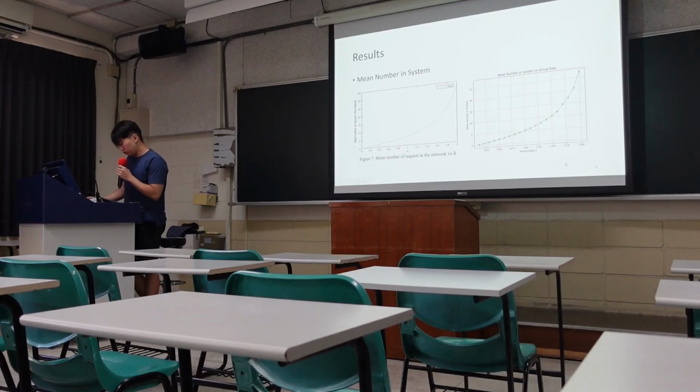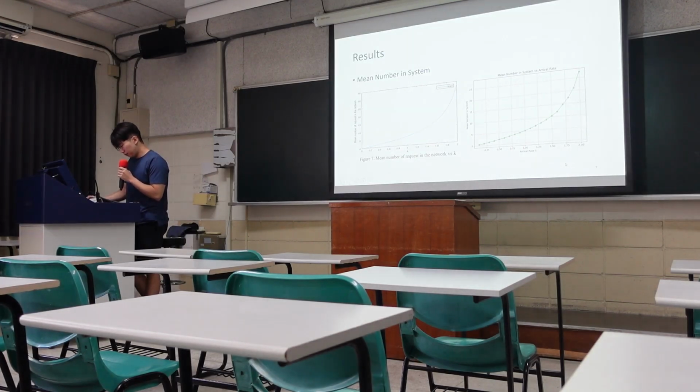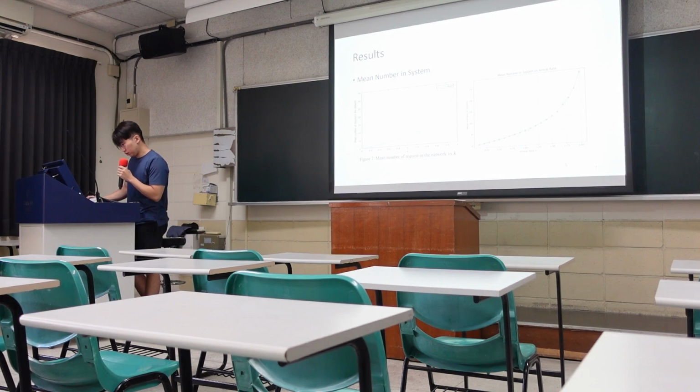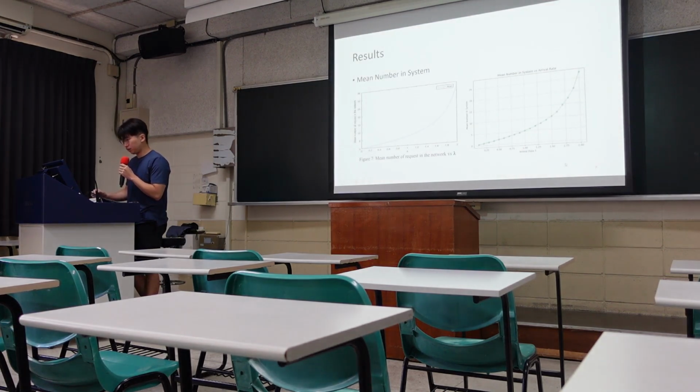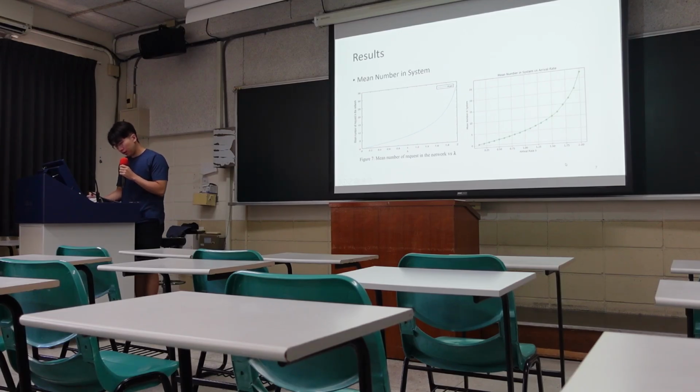This slide illustrates the change in the mean number in system. We can observe that as the arrival rate increases, the number of requests present in the system also continues to rise. The left side shows the theoretical model result, and the right side is my simulation data.